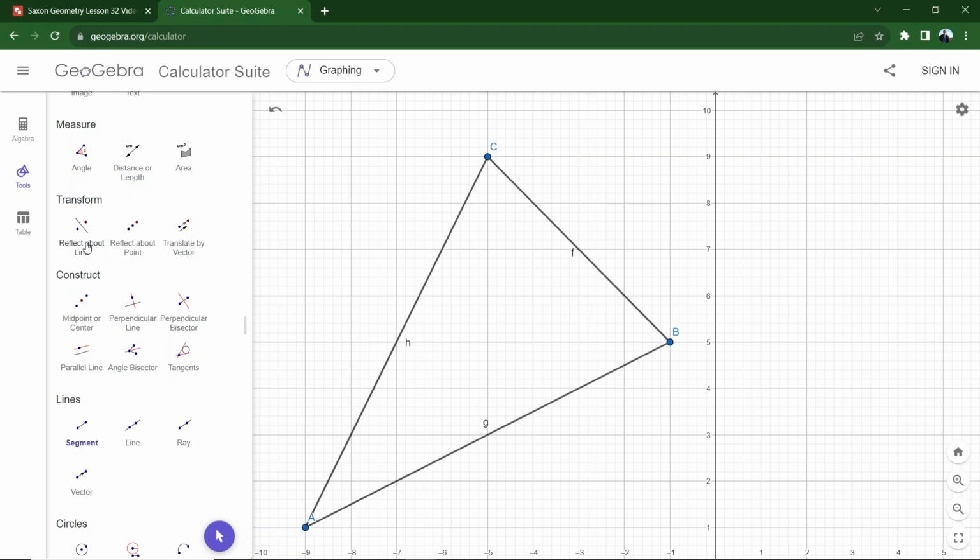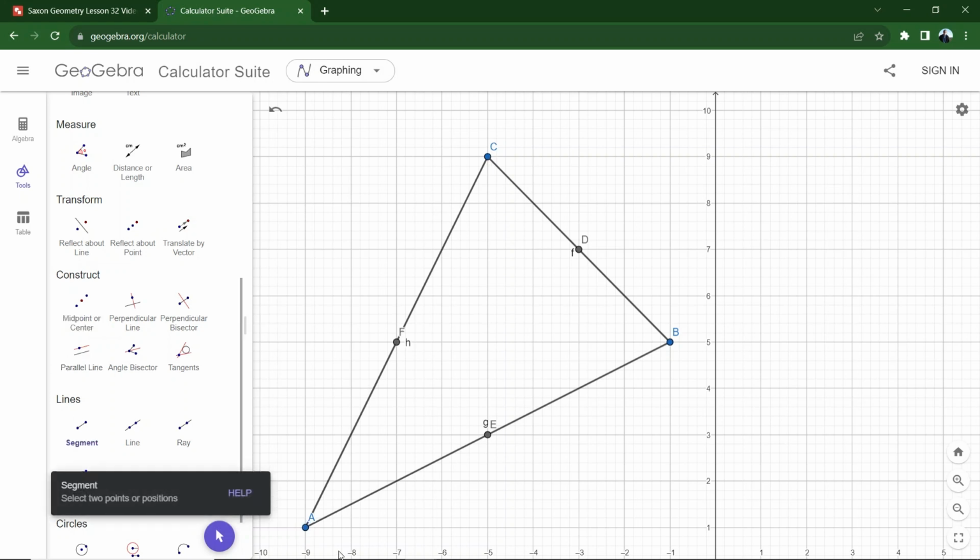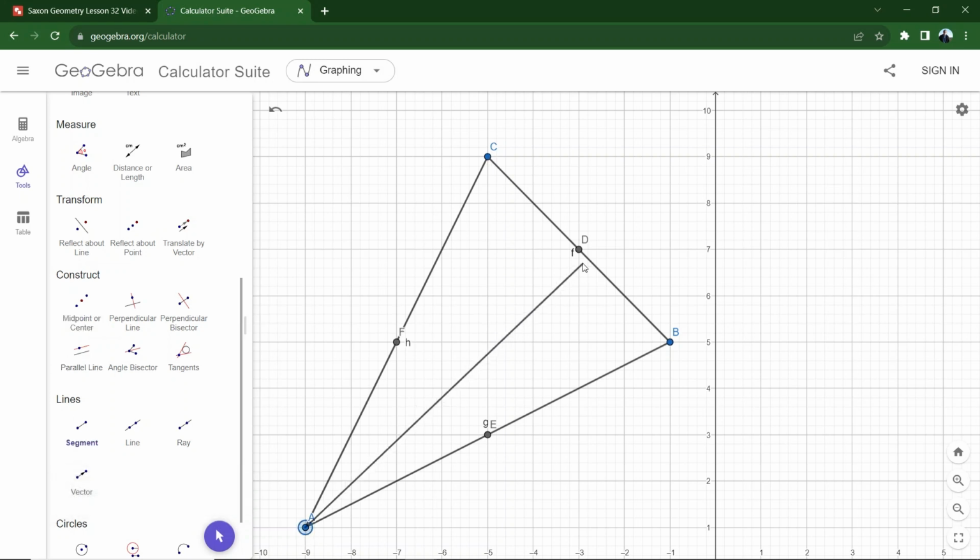Now, we need to try to figure out where the centroid is. So what I'm going to do is I'm going to click up here and choose to find a midpoint. And then if I click between 2 points, it'll automatically put the midpoint on that line of the triangle. Okay, now I can draw segments from my vertex to each midpoint to get each median, and I can see where all of the medians cross. Beautiful.